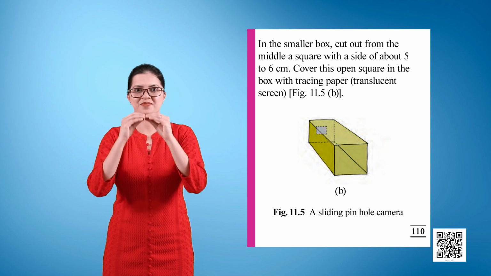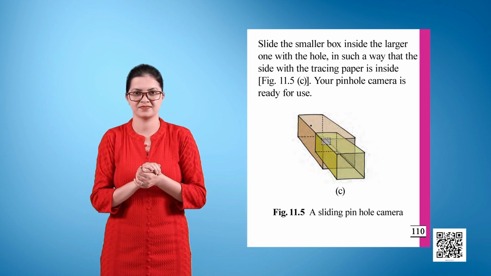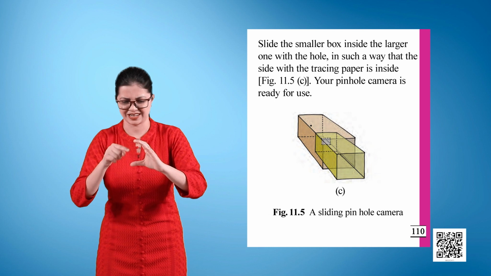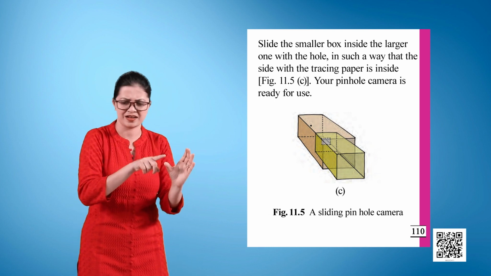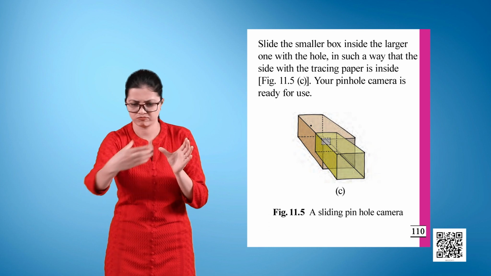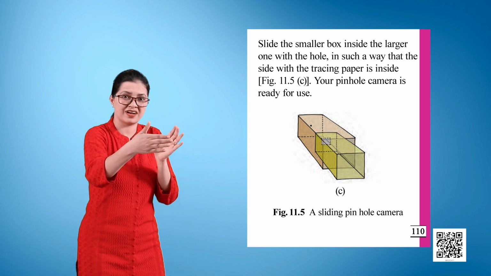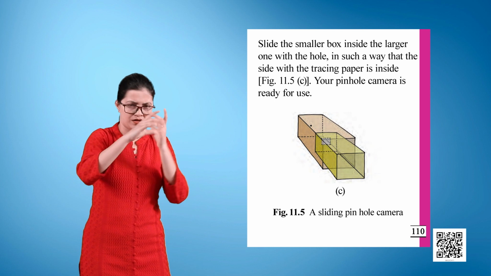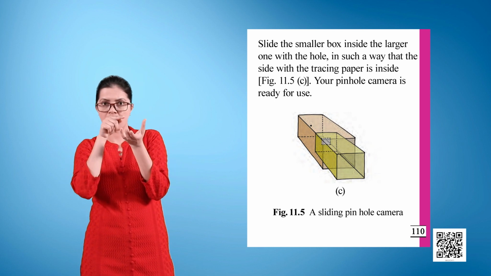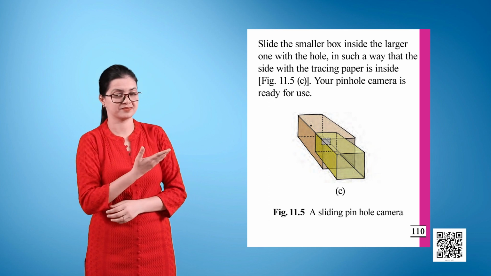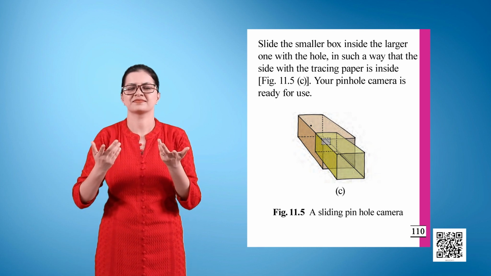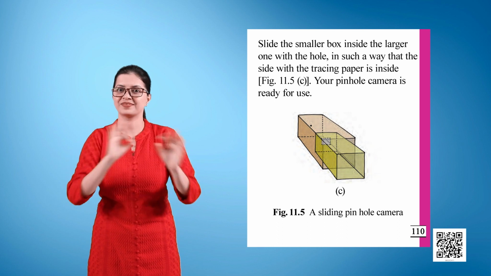Figure 11.5b. Slide the smaller box inside the larger one with the hole in such a way that the side with the tracing paper is inside. Figure 11.5c. Your pinhole camera is ready for use.